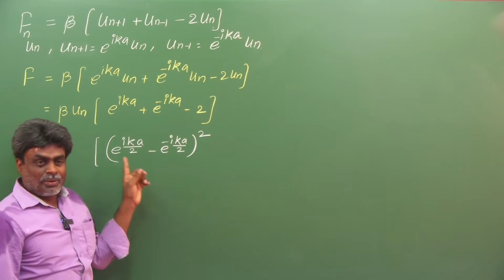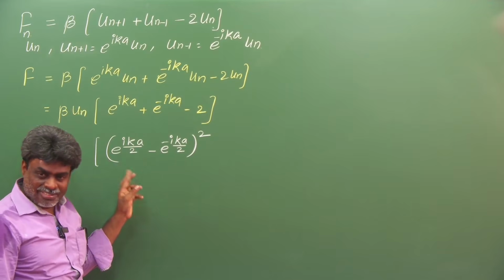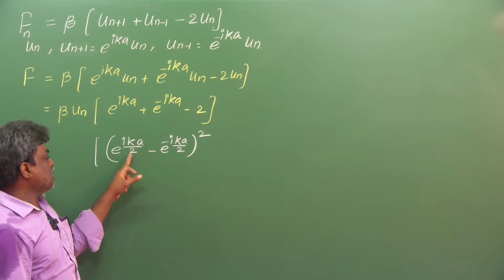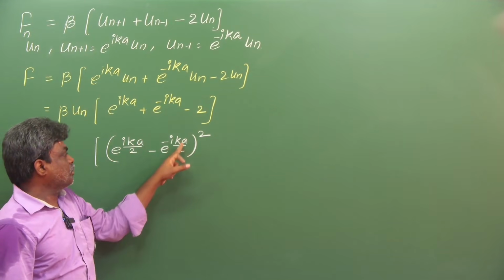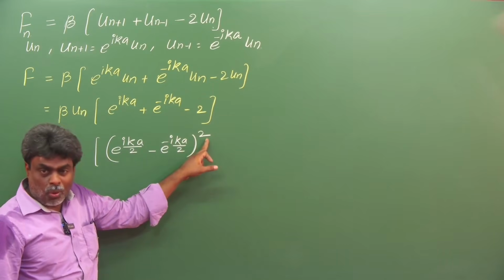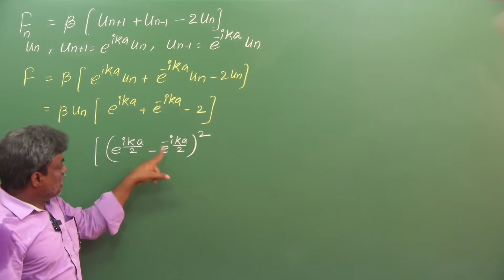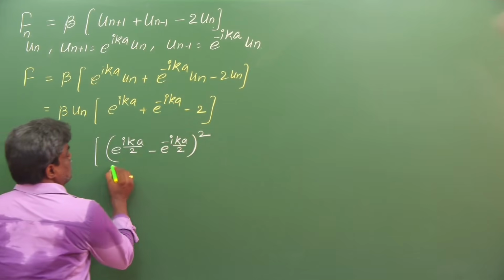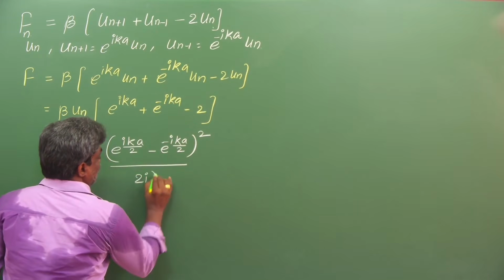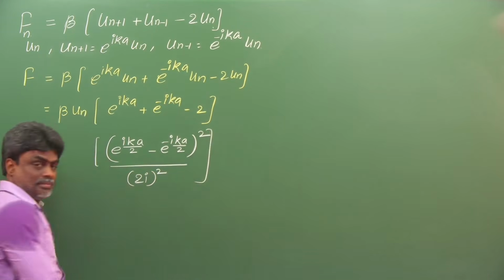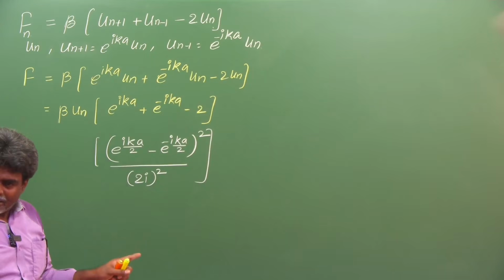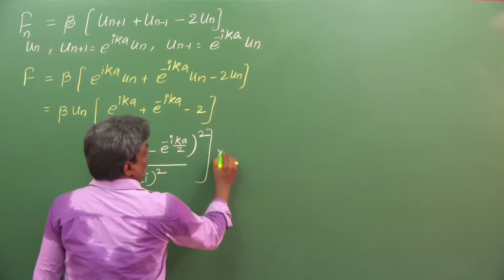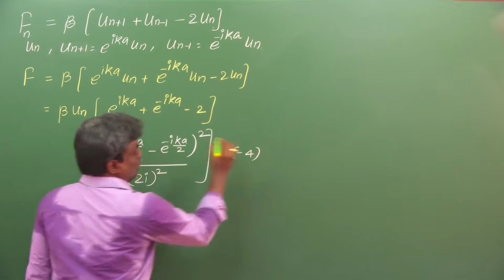A square. Right. E raised to i k a by 2 minus e raised to minus i k a by 2 whole square. That means a square plus b square minus 2ab. Still some factor is missing: by 2i whole square, into minus 4.